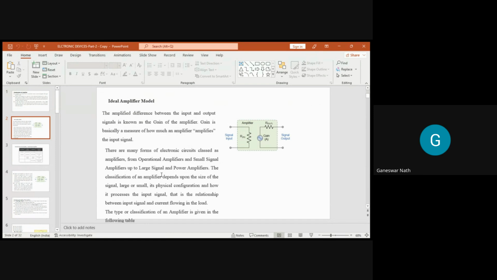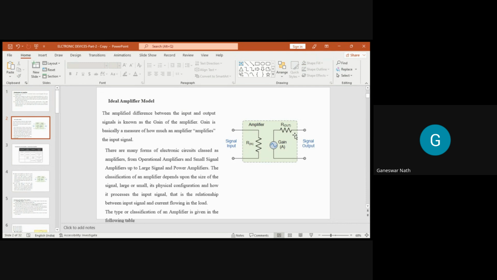Now, what is an ideal amplifier model? The amplifier simply differentiates between the input and the output signal, which is known as the gain of the amplifier. If this is a simple amplifier, it has the input and also the output here, this is the signal output and this is the signal input.